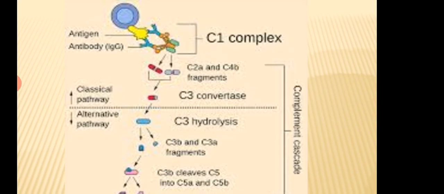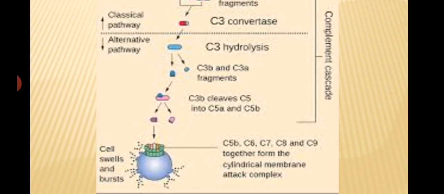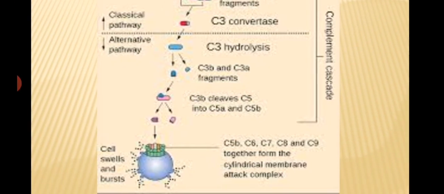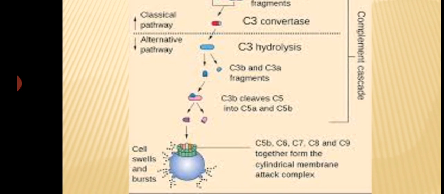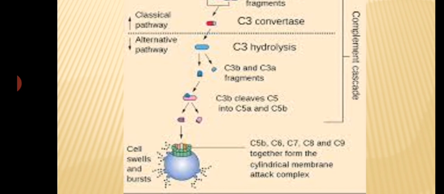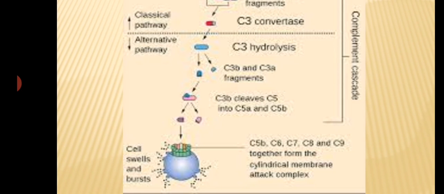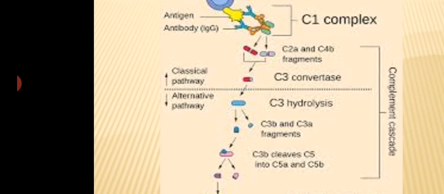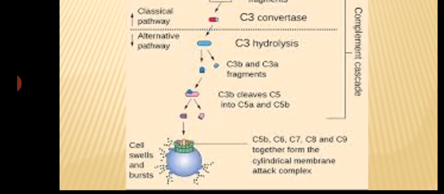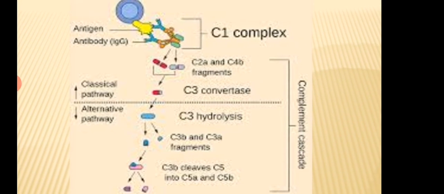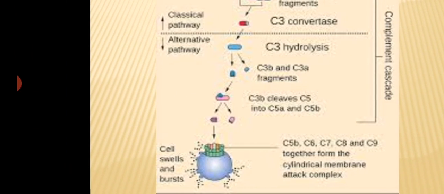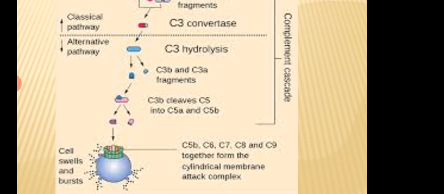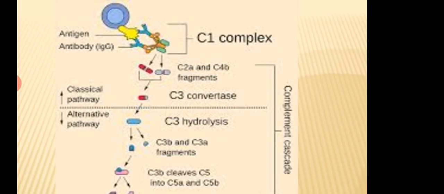In the alternative pathway, C3 hydrolysis is shown, C3a, C3b, then C3b cleaves C5, and later on there is a membrane attack complex on the target cell. You can observe how the pathways operate in the cell.